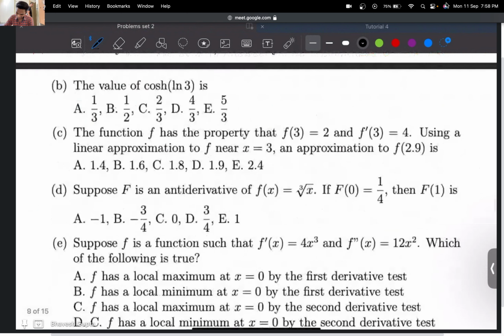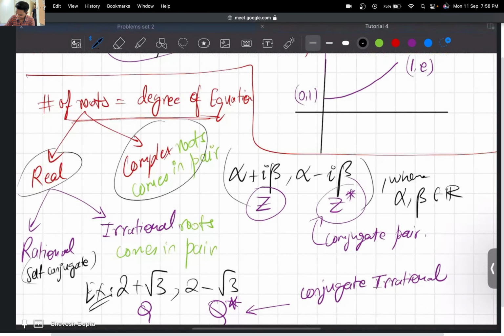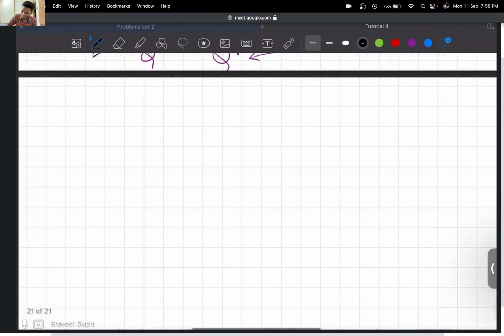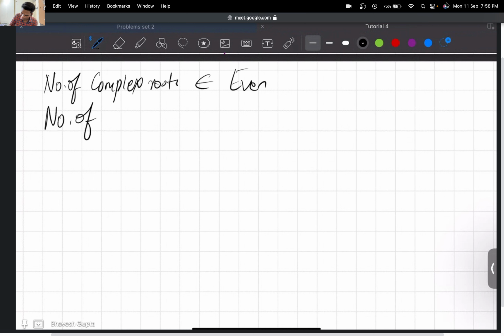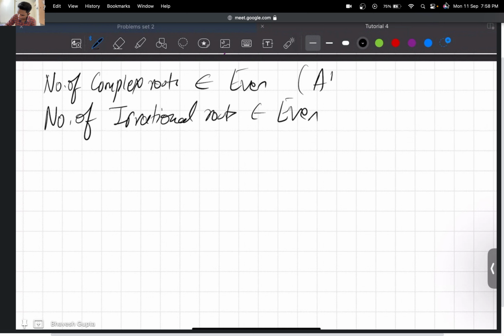So the idea is, the number of complex roots is an even number, and the number of irrational roots is always even, at least 2, right?